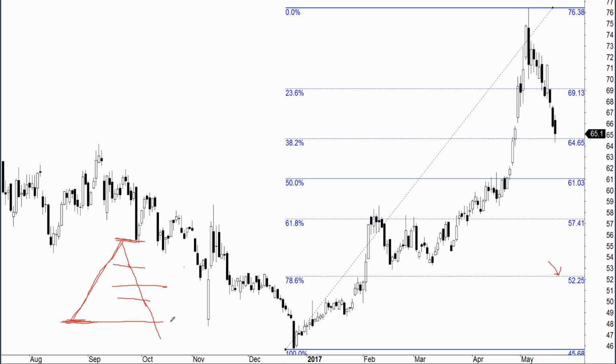Now somehow the price didn't retrace and it moved beyond 100%. Where this will stop, we will determine by using the extensions. It is the same tool that we use in the extensions, and we use these ratios.